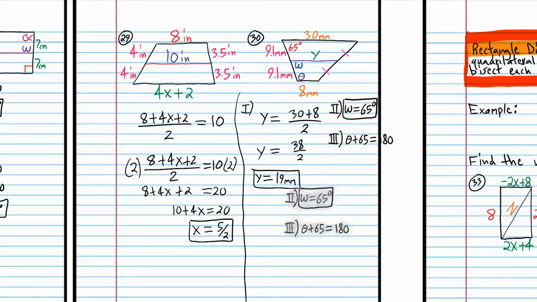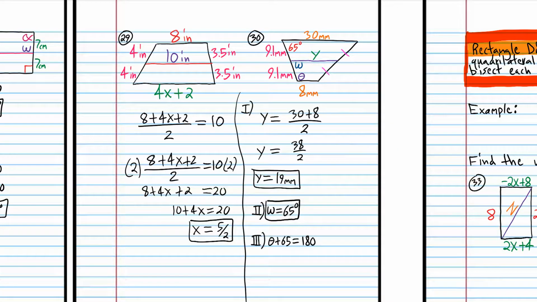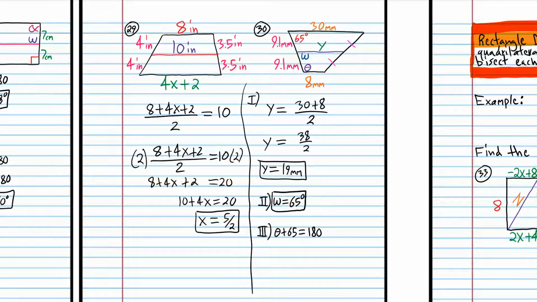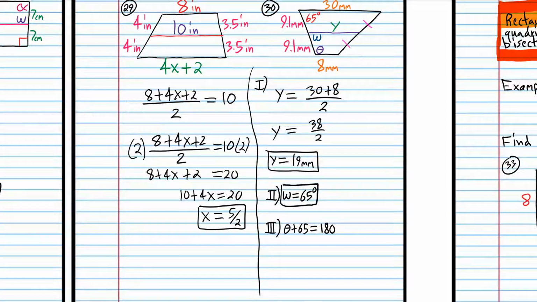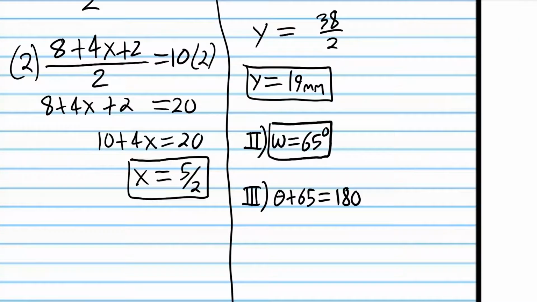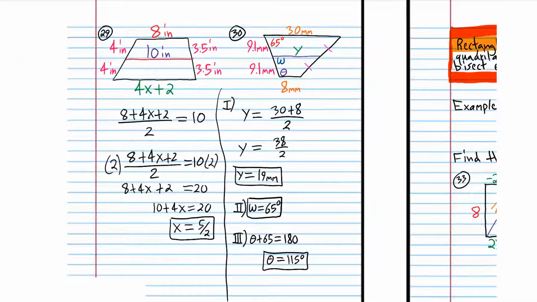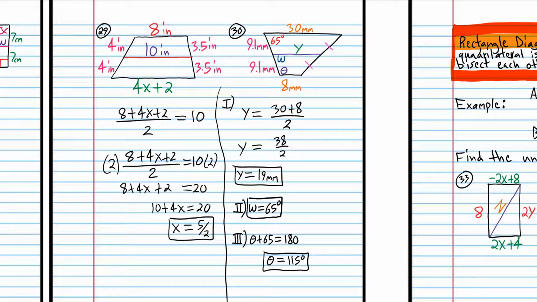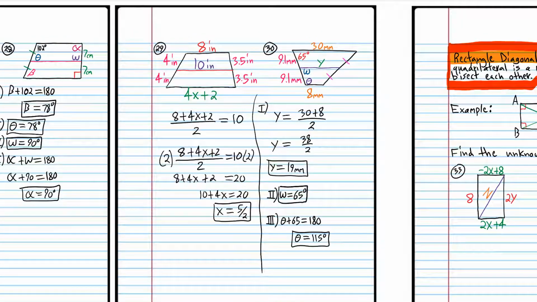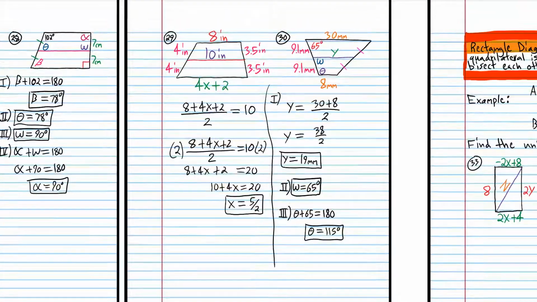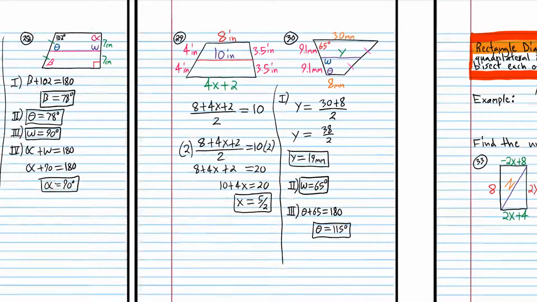And again, this only works because the midsegment is parallel with the other two bases. So theta equals 115 degrees. So if you got those answers, good job. Let's see, we have 3 variables. We got that right.